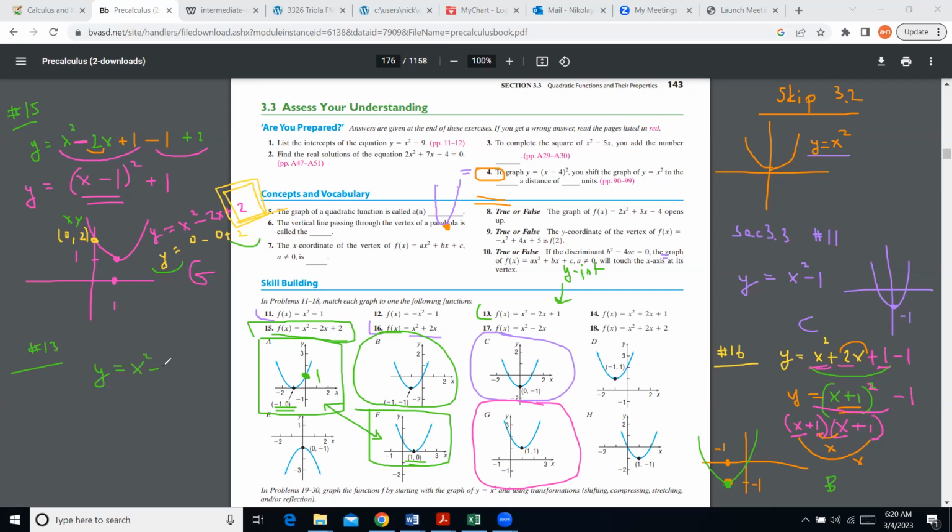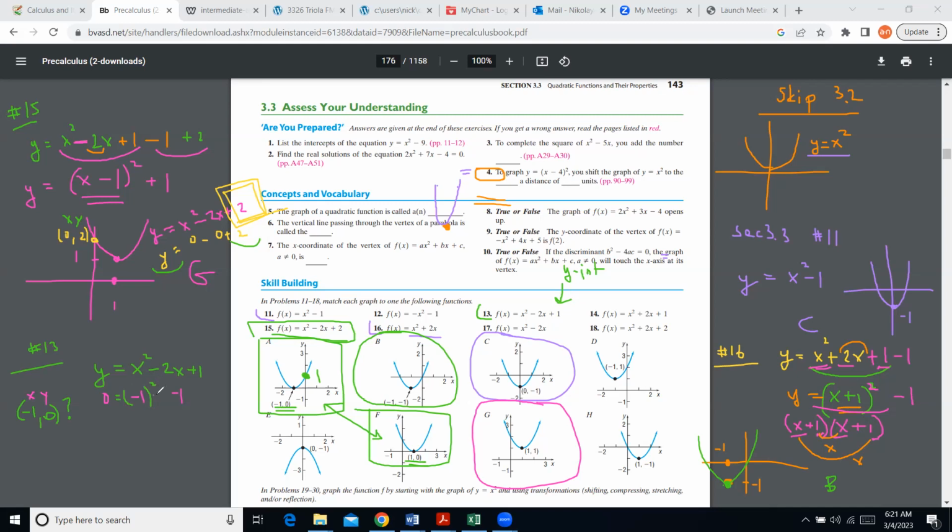If I have the equation x squared minus 2x plus 1, and I try to see if -1, 0 works, if graph part A actually satisfies this equation, all you do is replace the letter y with the number 0, and the letter x with the number -1. And once you plug this into your equation, it should give you a true statement.